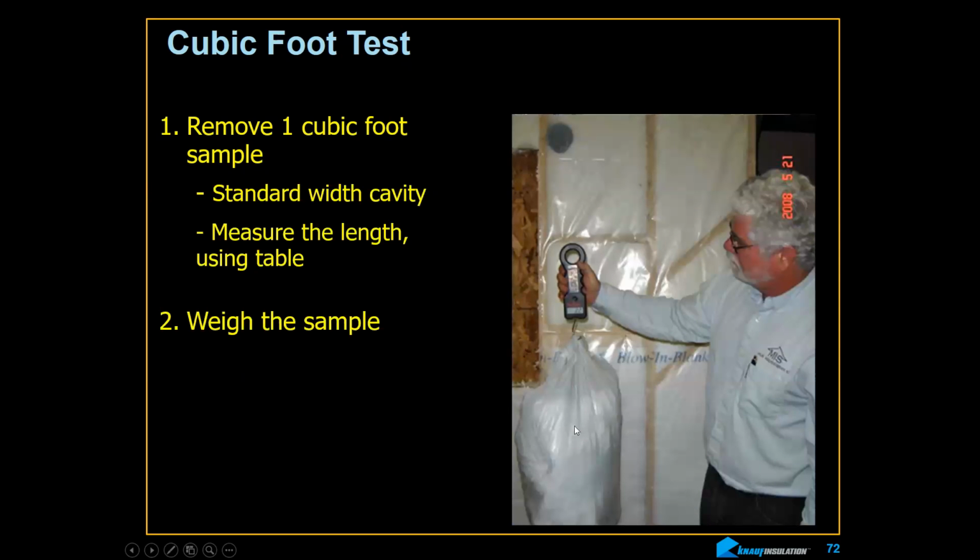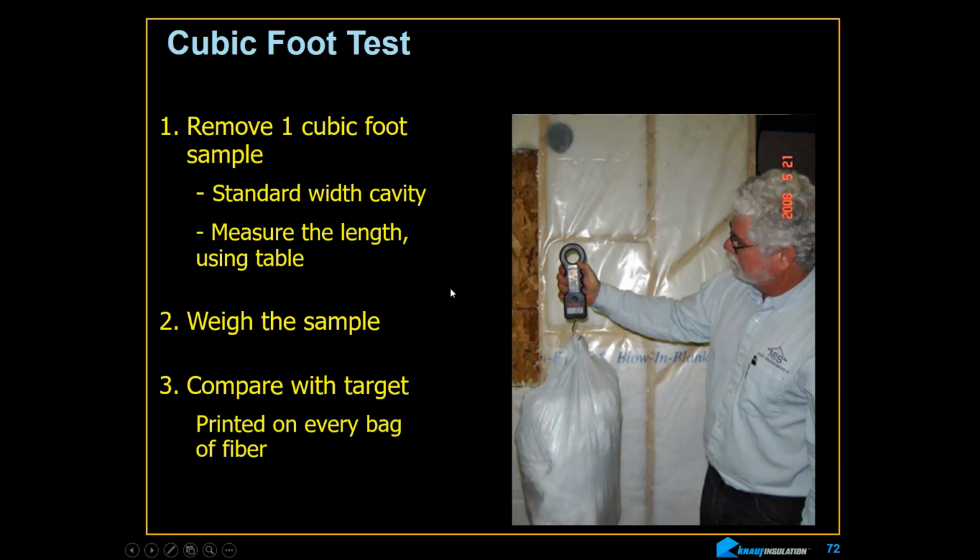So you weigh the plastic bag first, you carefully put the material in the plastic bag, and then when you're done with that, you weigh it again, subtract the weight of the bag, and it tells you what your sample is compared with your target. For our material, it's 1.8 pounds per cubic foot. Cellulose is 4.3 pounds per cubic foot. To get not even the same R value, you get a lower R value actually.